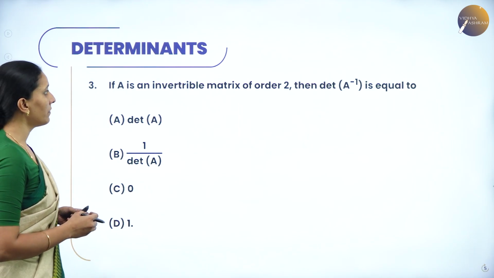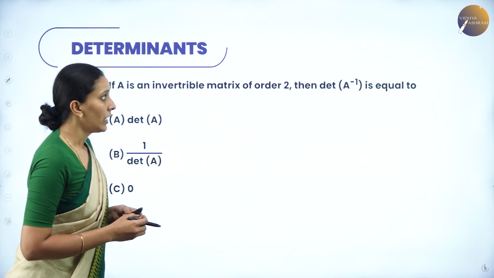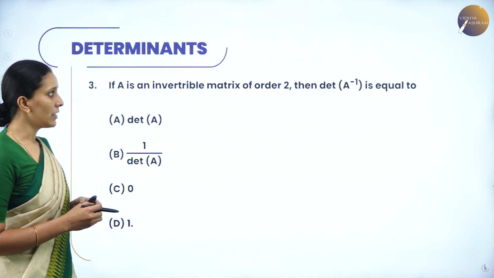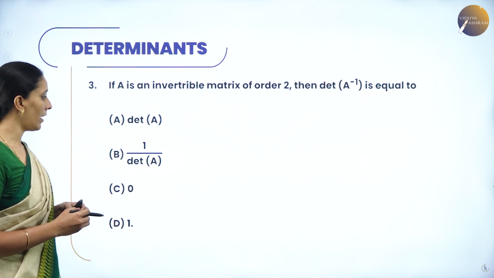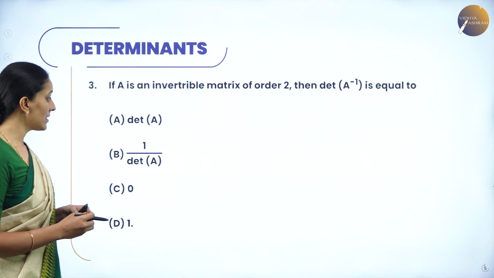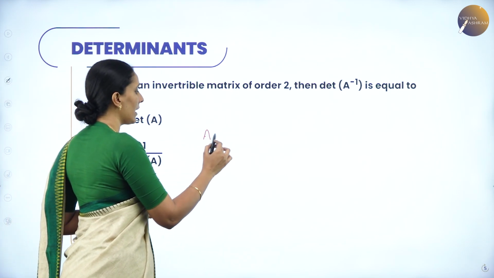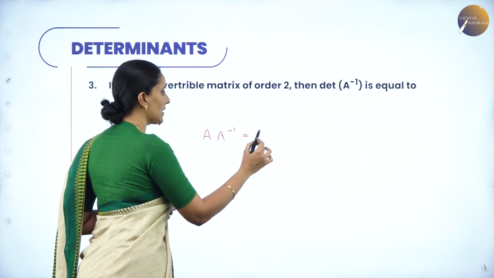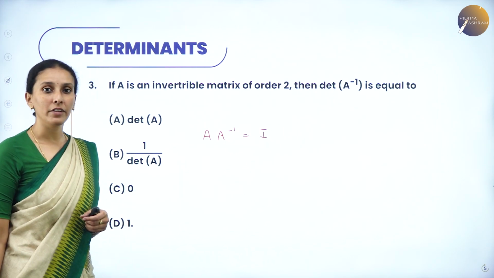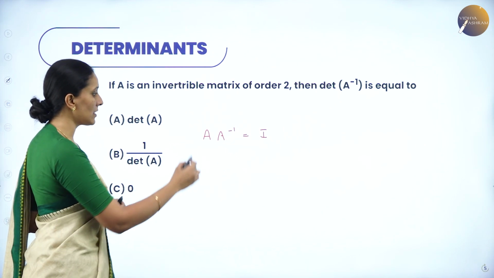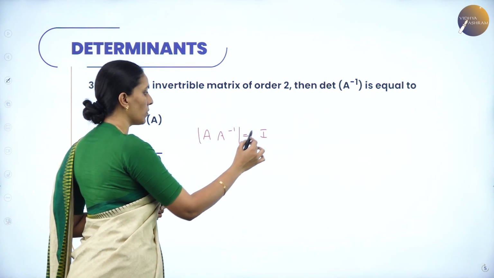Next, if A is an invertible matrix of order 2, then determinant of A inverse is equal to determinant A, 1 over determinant A, 0 or 1. So let's take one simple definition, that A into A inverse is equal to I. So using the definition of inverse of matrices, let us apply determinant on both sides.